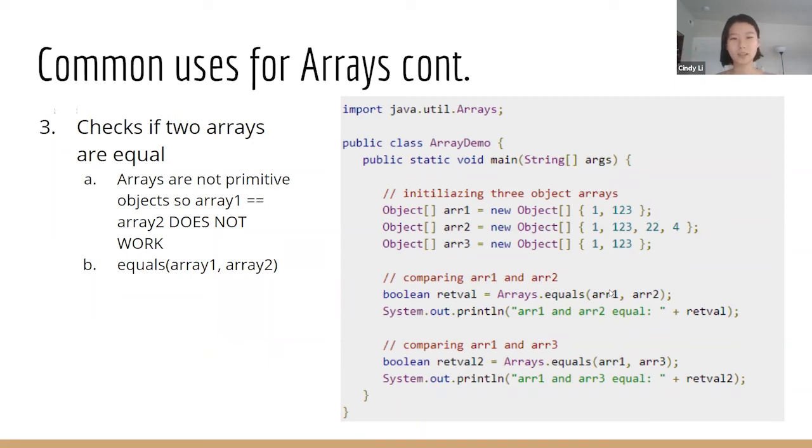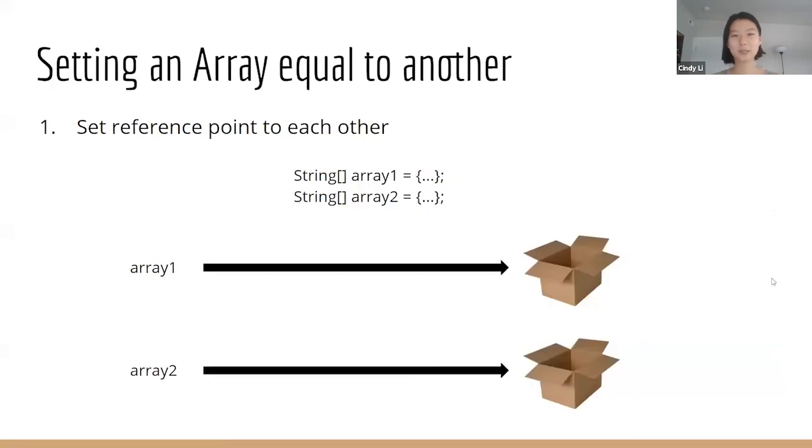No. Okay. Now we will be moving on to the part that's probably the most confusing, at least for me personally when I was learning about arrays, of the entire lesson. How do we set an array equal to another array? There are actually 2 ways to do it, and the first way is setting the reference point to the other reference point. For example, we have string array 1 and array 2.